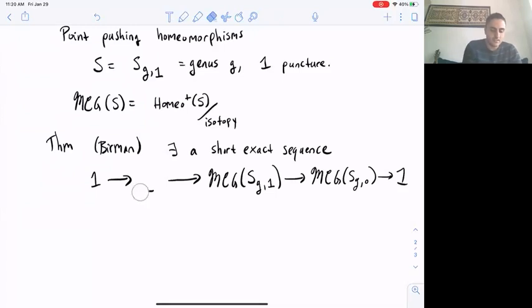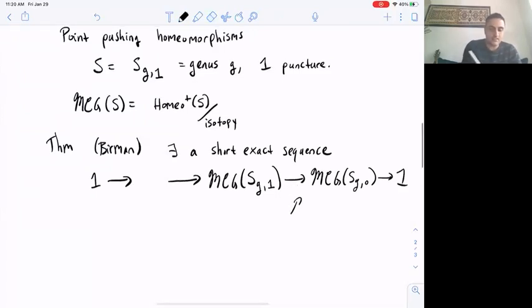What is the kernel here of this map? It's exactly the fundamental group of the surface itself, based at the point which you're considering to be the puncture. There's this translation you can make between punctures and marked points.